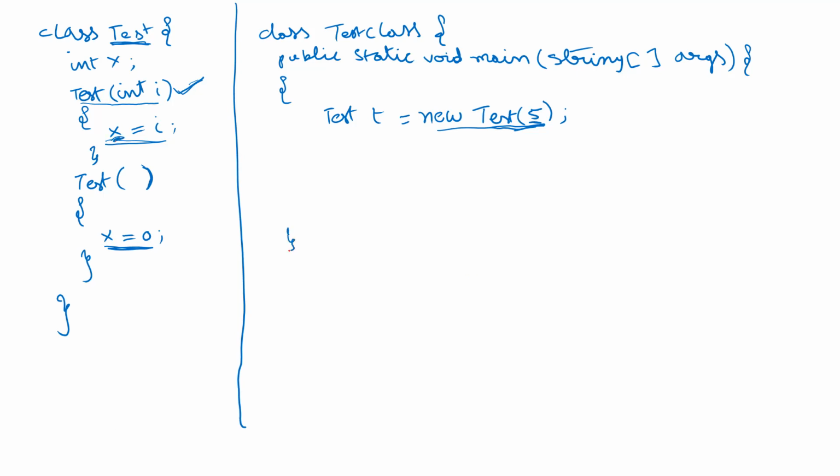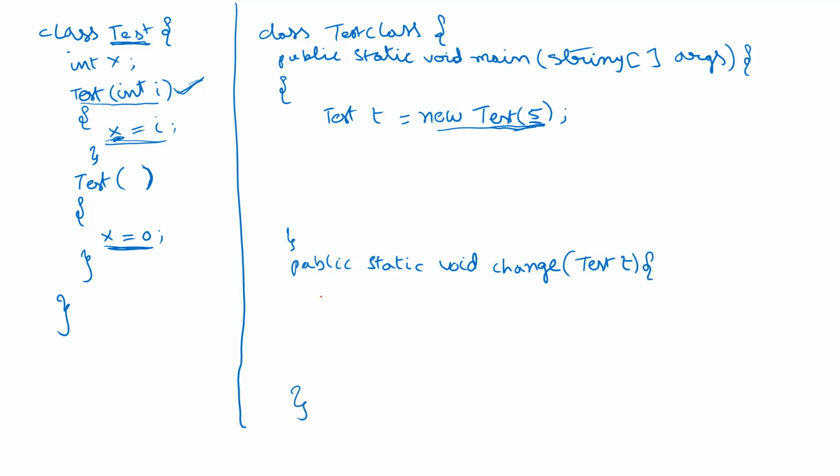Now what I am doing is I am creating another method here, which is public static void change, and I am passing this object here.